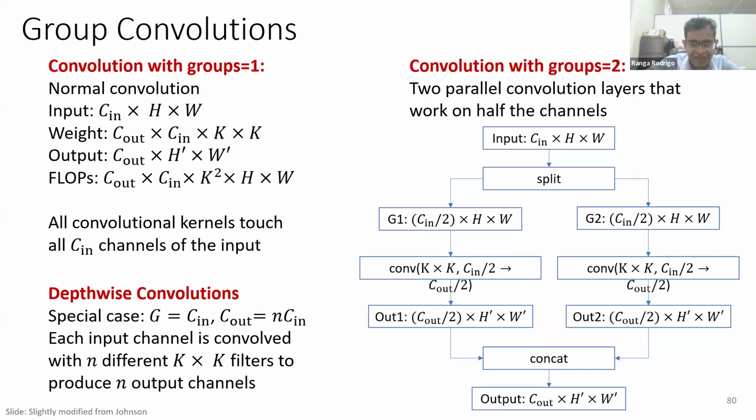So here's an example, a group of 2, G equals 2. You can see if you have C in number of channels, H times W, and you split it into C in divided by 2 and C in divided by 2, and the computations follow like that. And then finally you concatenate. That is called group convolution. The computational complexity is less because of that.